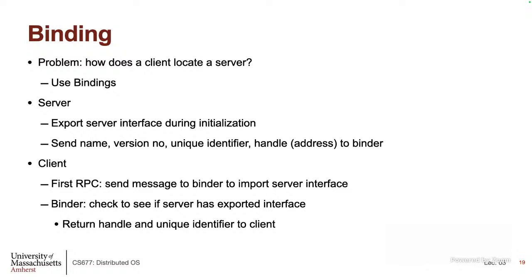In the previous example, you have a server that provides the add service. When that server starts up, it can go bind itself, or send a request to the directory service saying, I'm a server that provides the add service. This is the IP address of my machine. This is my port number.